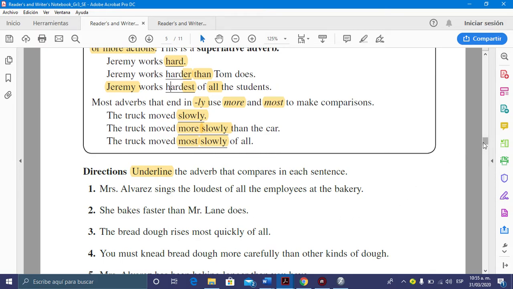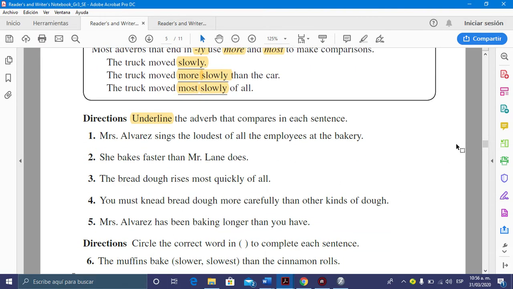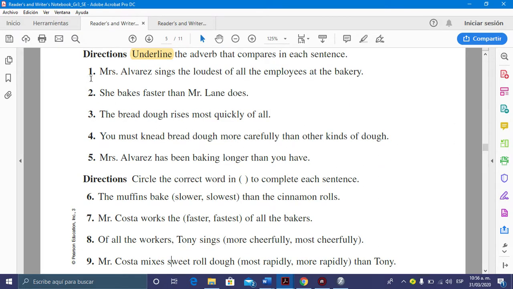For example, in the first one, Mr. Alvarez sings the loudest of all the employees at the bakery. What is the adverb comparing here? Mr. Alvarez sings the loudest. Loudest is the adverb in superlative. Why? How do I know?